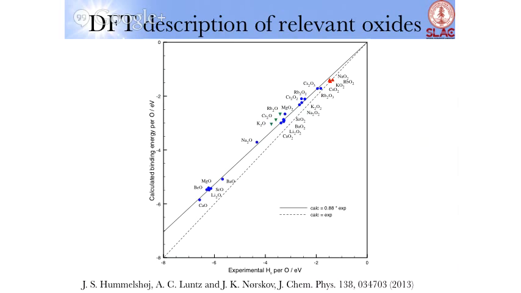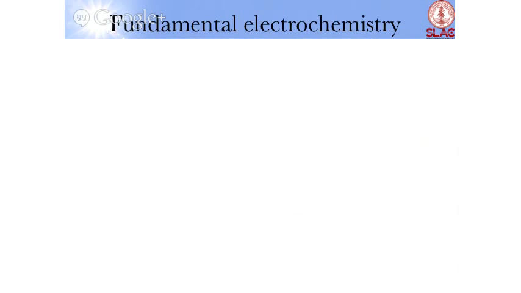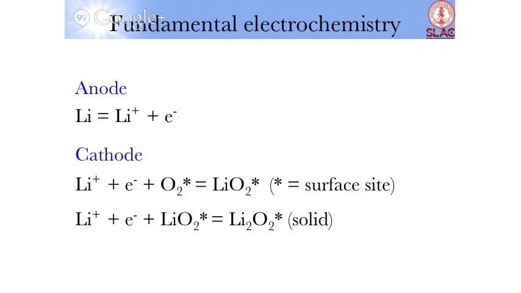So what we want to do now is to try and understand the fundamental electrochemistry associated with the formation of lithium peroxide. At the anode, we appeal to the equilibrium condition that sets the free energy of lithium plus an electron to the free energy of lithium metal. At the cathode, we have a sequential transfer of lithium plus an electron to oxygen to form LiO2 first.